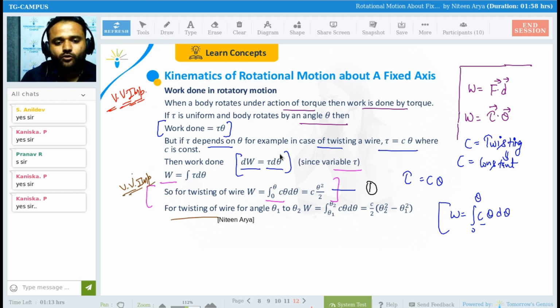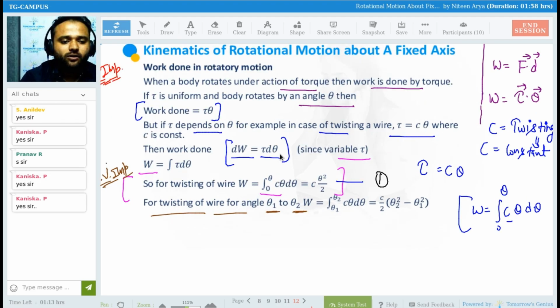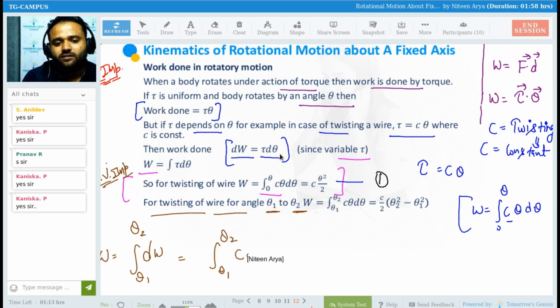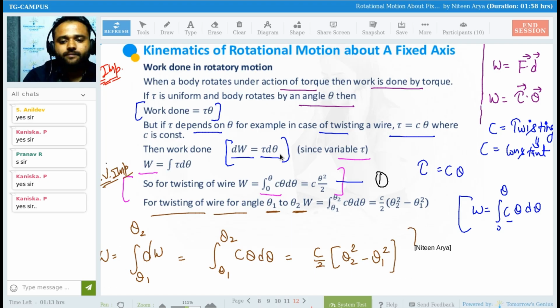Now for twisting a wire from angle theta 1 to theta 2, the work done W is the integration from theta 1 to theta 2 of C theta d theta, which is nothing but C by 2 times (theta 2 square minus theta 1 square). That is also an important result, equation number 2. Clear everyone?